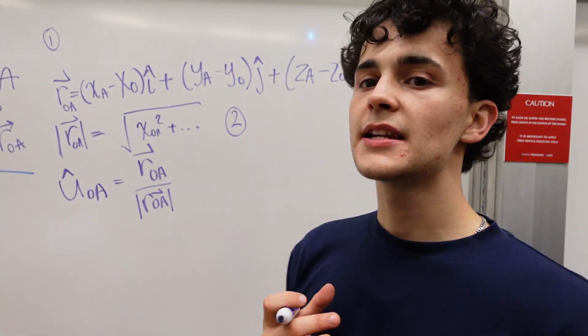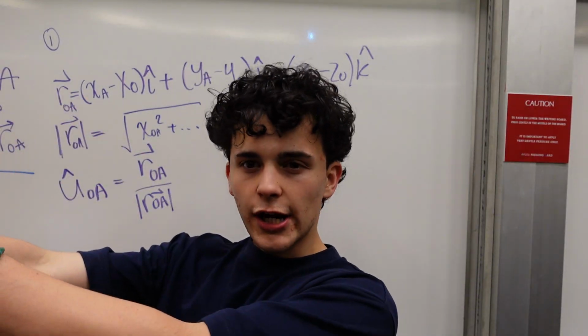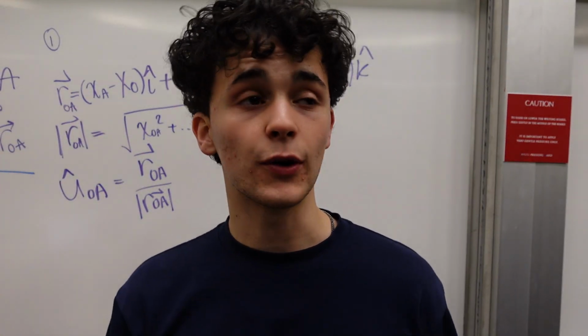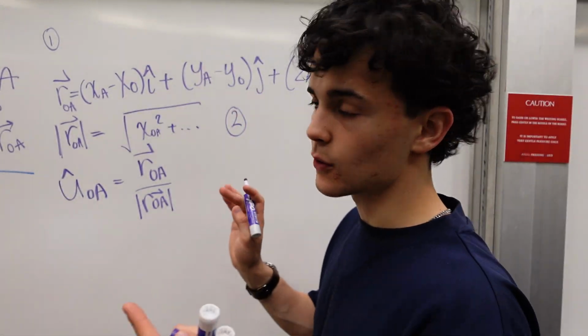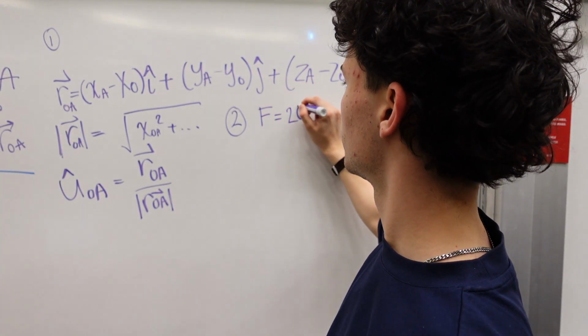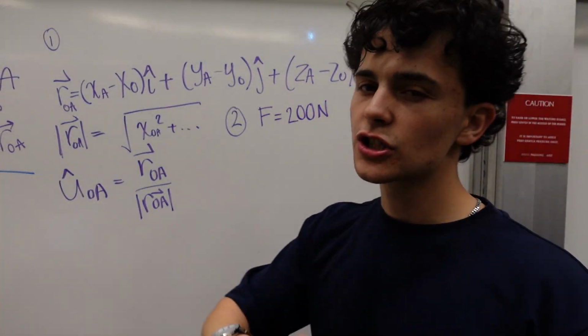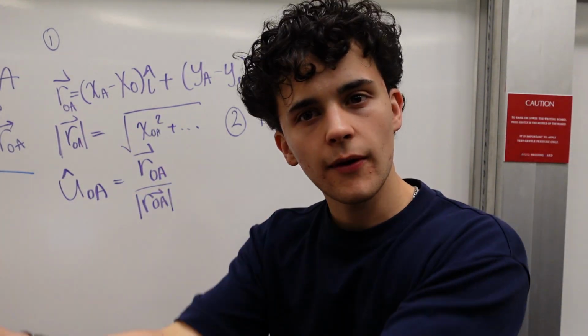Step 2 is now multiplying the force that we have in that direction. So let's say, for example, we have a force with some arbitrary value. For now, let's just call it a force. We could give the force like 200 newtons, but for now it's just force F. But this is a magnitude. This doesn't describe where the force is acting.